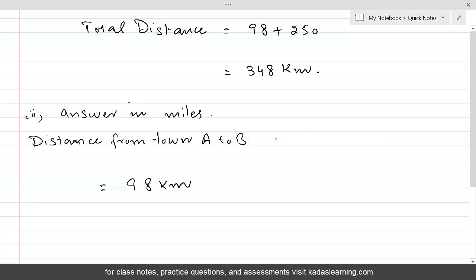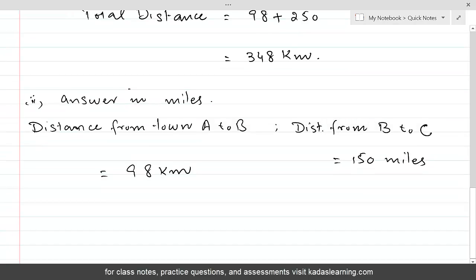But on the other hand, this distance from B to C is equal to 150 miles. We have nothing to do because that distance is already in miles.